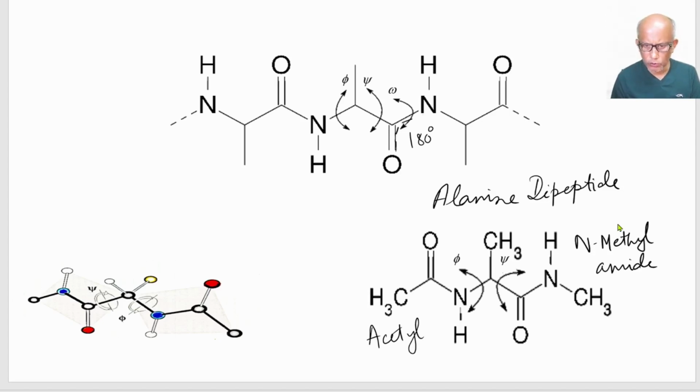This small molecule has major torsional angles which can change the structure: the two peptide torsion angles, omega 1 and omega 2, which remain constant most of the time, and the phi and psi torsion angles around the C alpha carbon, which is here. The phi and psi torsion angles control the conformation of this alanine dipeptide.